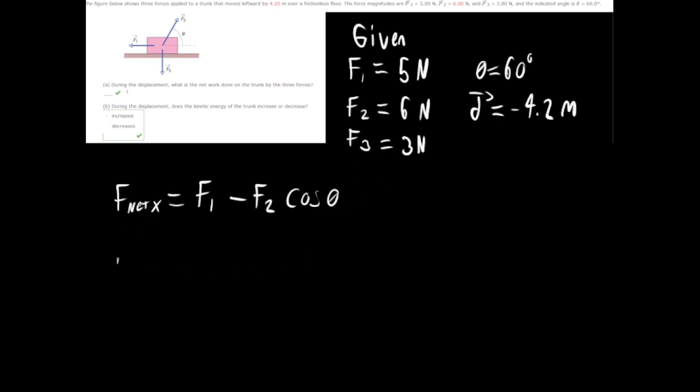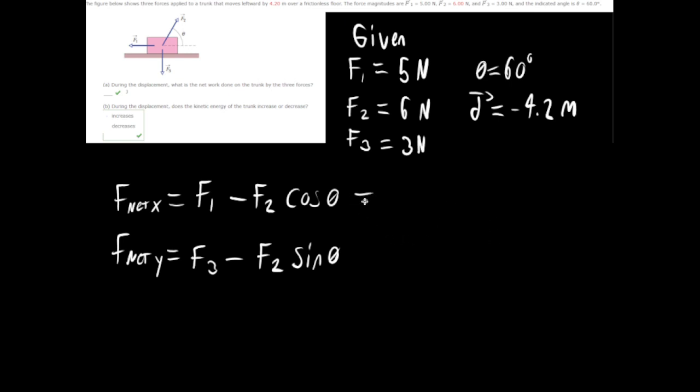And then we're going to have F net y, which is going to be equal to F3 minus F2 sine theta.